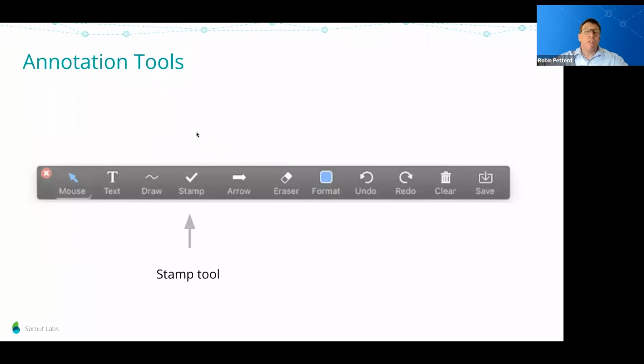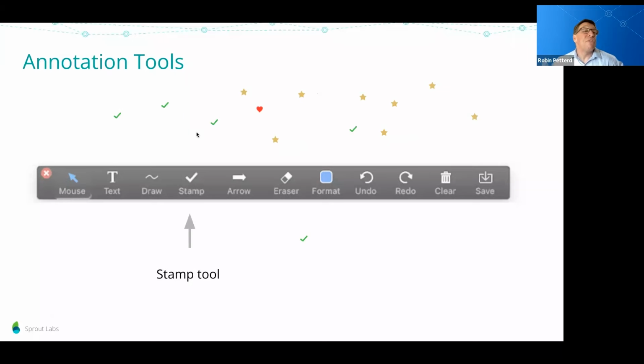So you'll get a bar across your screen that looks something like this. If you're working on an iPad or a mobile, it might not work. Just a few people, if you could press the stamp tool on the screen to make sure I know a few people are able to use it. Cool. Got a few people. Just need a few people to be able to get this happening. Ooh, lots of stars and ticks.